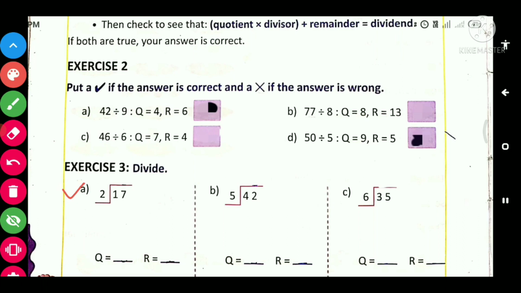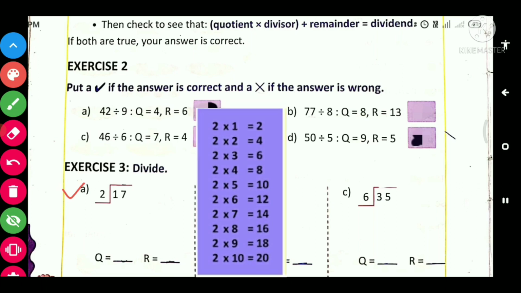2. So first of all we'll see the multiplication table of 2 and we have to find 17. If 17 is not there, then which number is there that is less than 17? Slightly less than 17. That one we will find it.